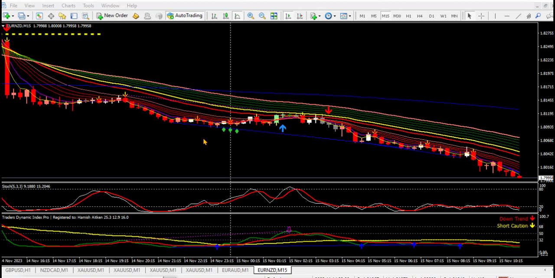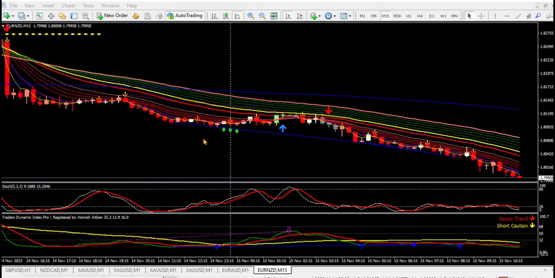Now let me go over this pair. This is Euro and New Zealand pair, and this particular strategy can be used on any pair you want to trade. The fact that I'm using it on Euro New Zealand or on gold does not mean it's limited to all these pairs. You can use this on metals like gold, silver. You can use this on cryptocurrencies like BTC, Ethereum, Doge and the likes.